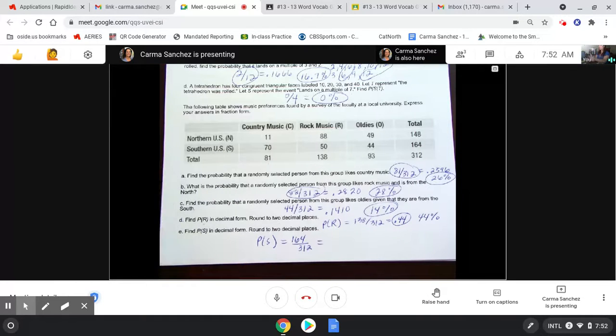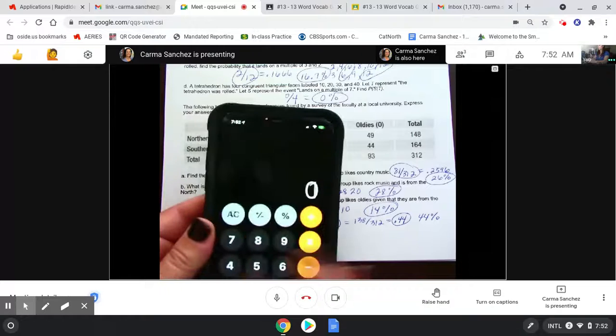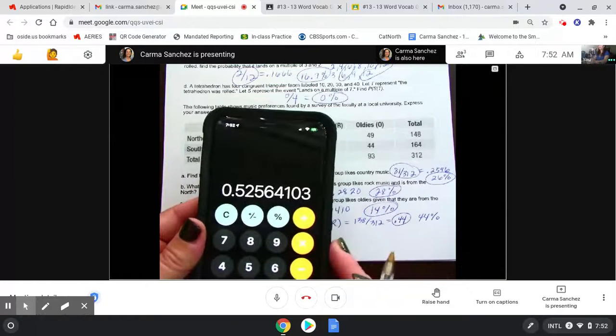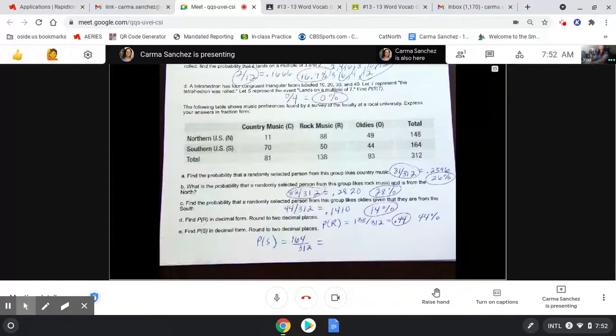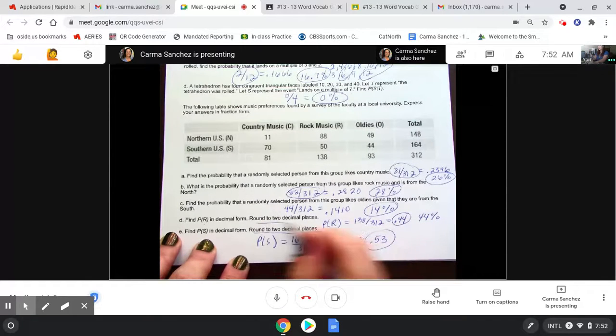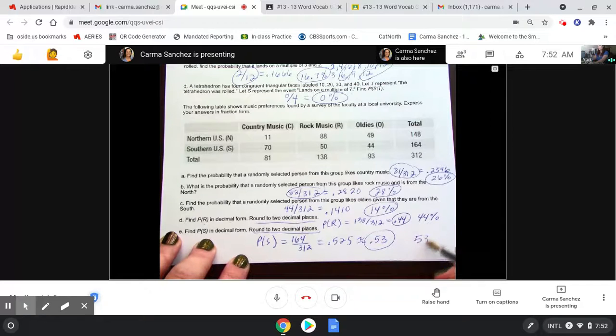So 164 divided by 312, we're getting 0.525, and we're going to round that to 0.53. They said to round to two decimal places. Again, that would be about 53%, but they're asking for the decimal answer.